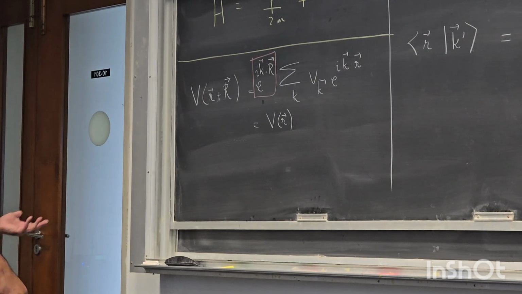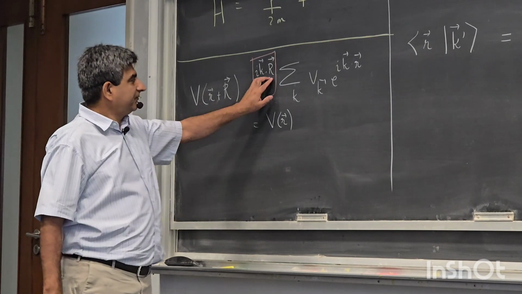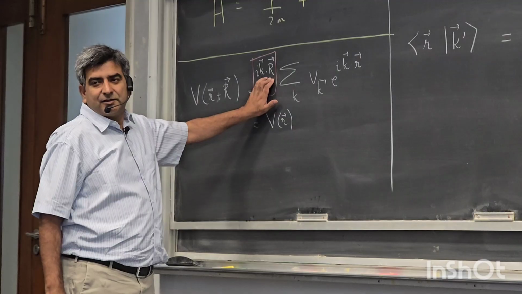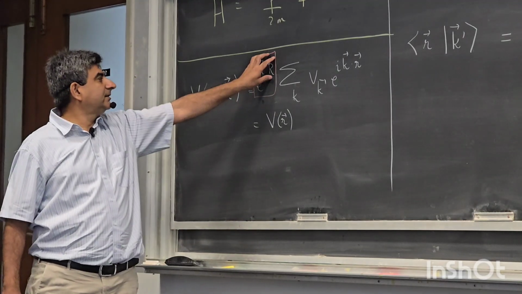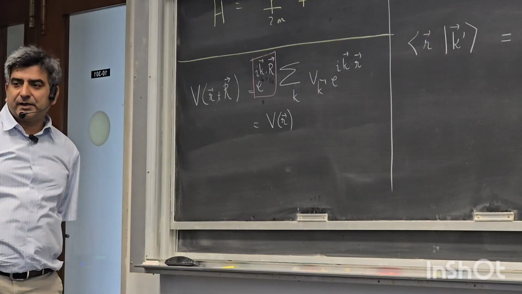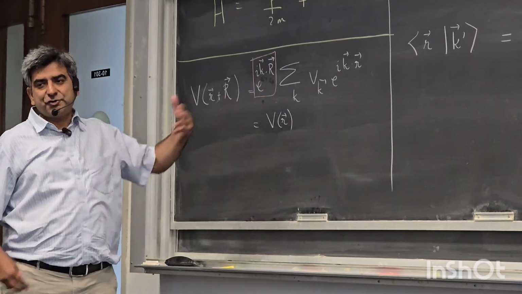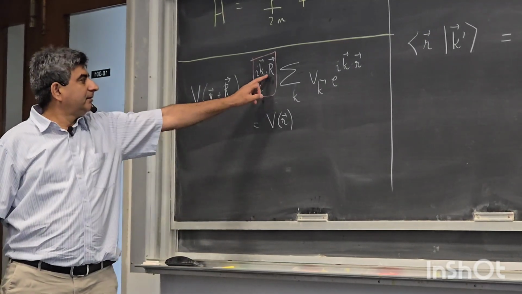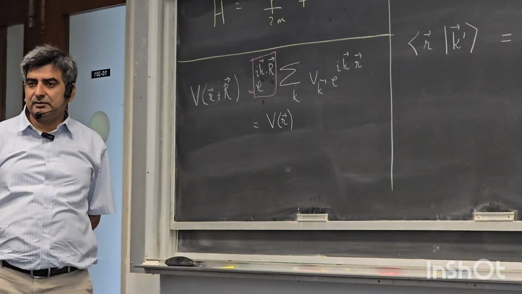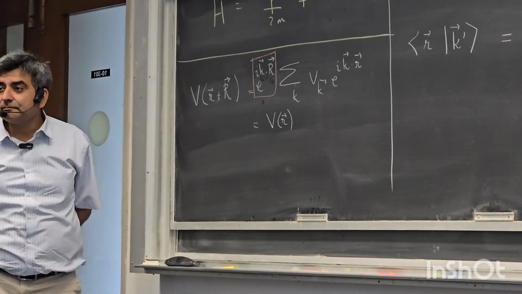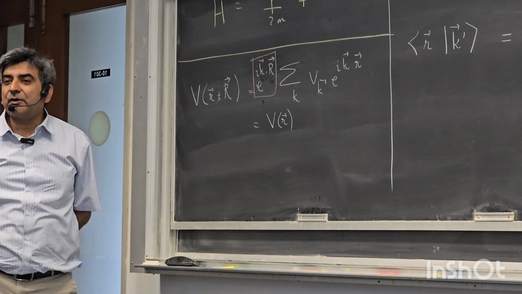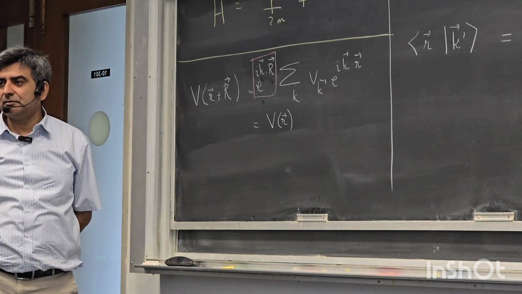Why? This is first of all dimensionless. So what should k be if this is to be 1? Of course this phase has to be some multiple of 2 pi. But what kind of k should we have so that this is a multiple of 2 pi? What is that thing called?